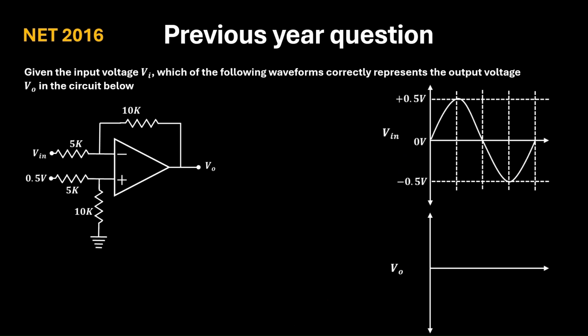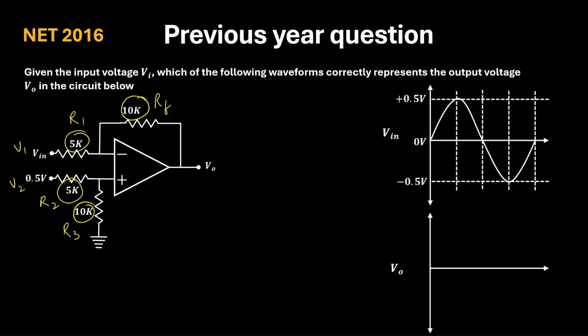So this circuit is similar to what we have discussed few moments ago. Now I will call this 10K as RF, this one as R1, this as R2, and this as R3. And this one I can call V1 and this one is V2.